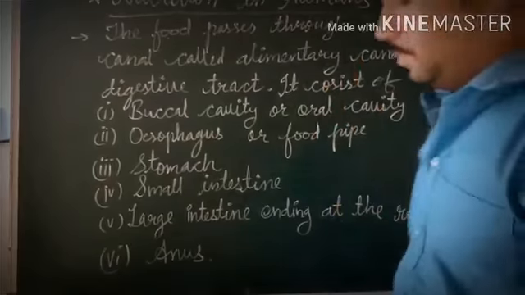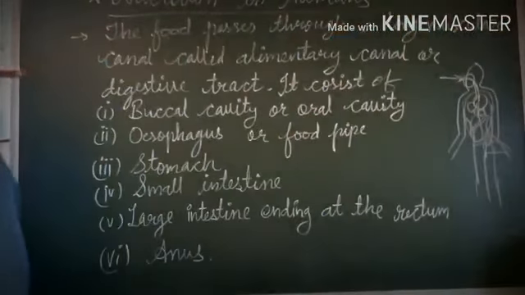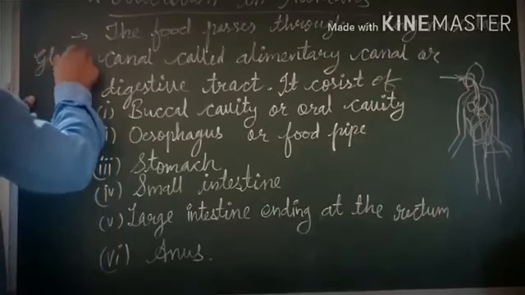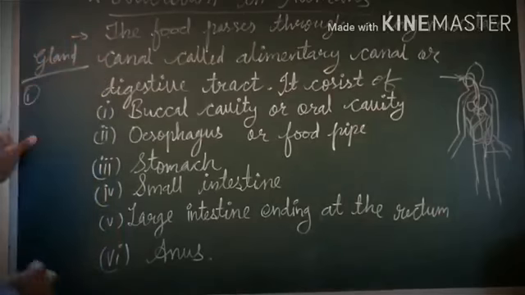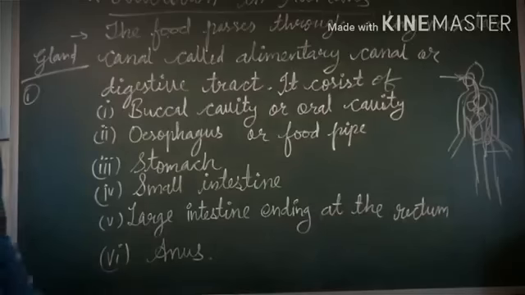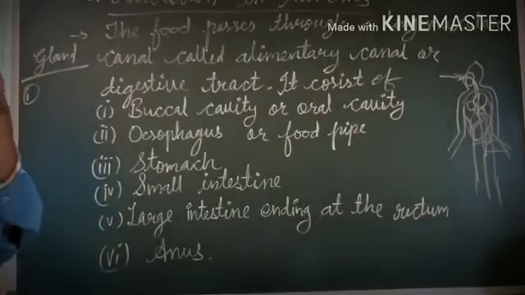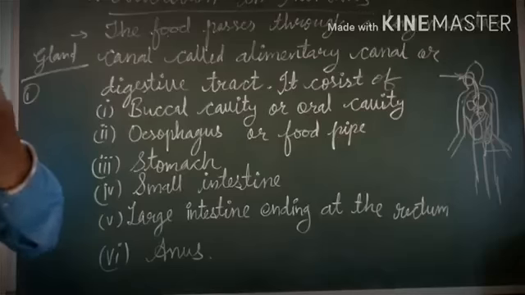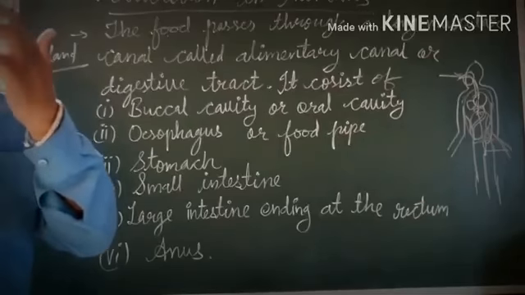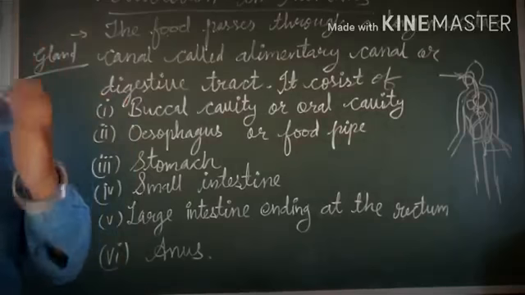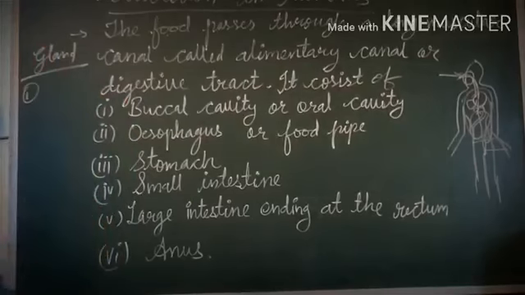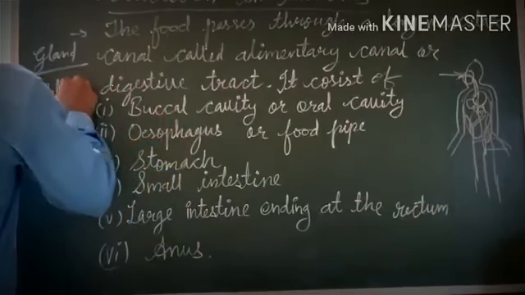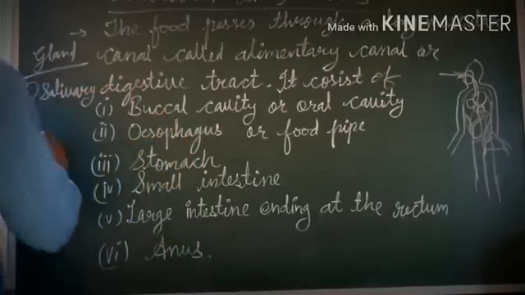After that there are some glands, internal glands we can say. First is in our mouth. If we are chewing food, have you observed there is a secretion of a liquid in our mouth, on the bottom side of the tongue? It is called saliva, from the salivary gland.